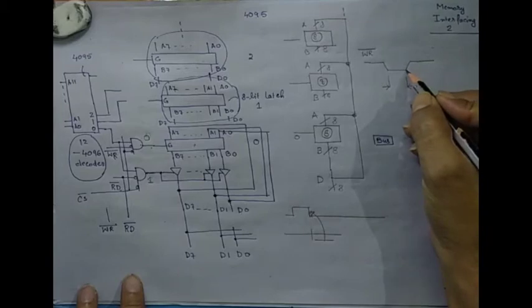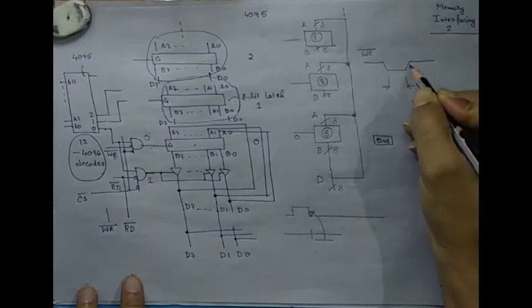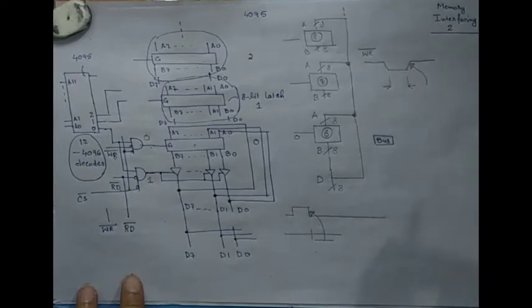When write bar is removed by the processor or CPU, that means when write bar goes from logic 0 to logic 1, at this point of time the latching will occur. That means at this point the data will be stored or latched by the particular 8-bit latch or by the particular location.